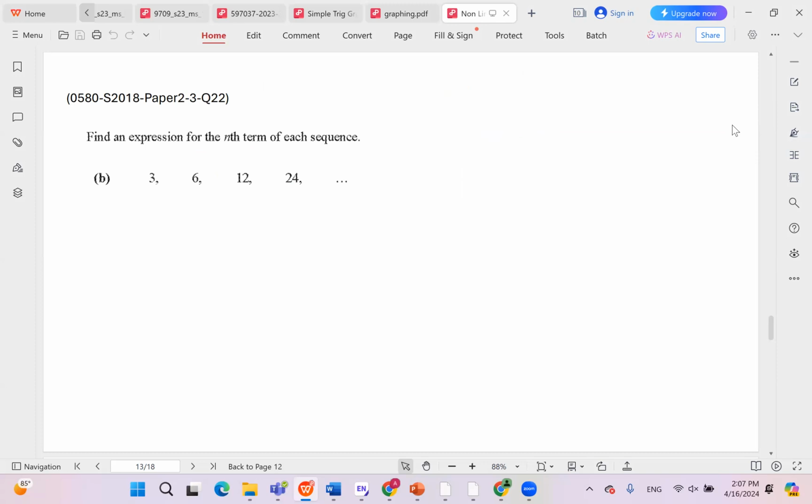Again, here we have a sequence. You can try adding and getting the differences, or you can try multiplying. Here, if I multiply, I can immediately see that I always have times 2 here. So the sequence is going to be an exponential sequence. So un equals a power n times b.